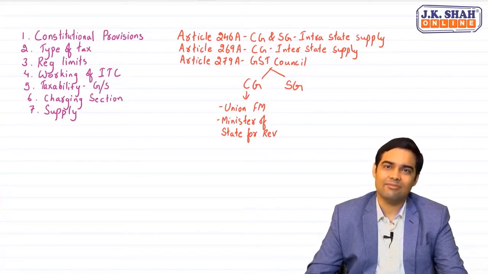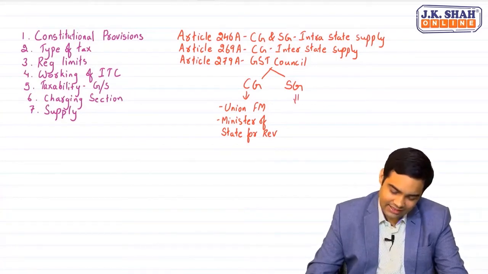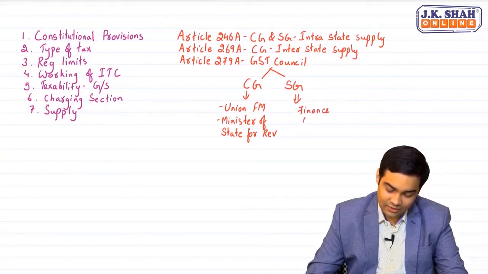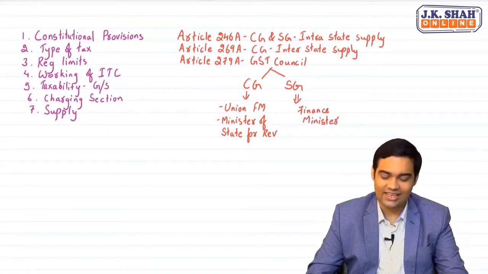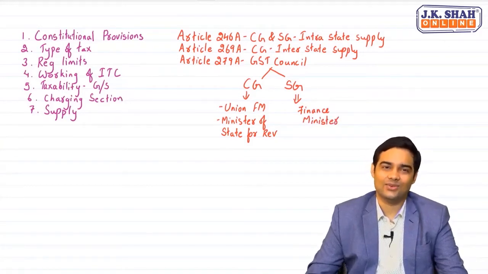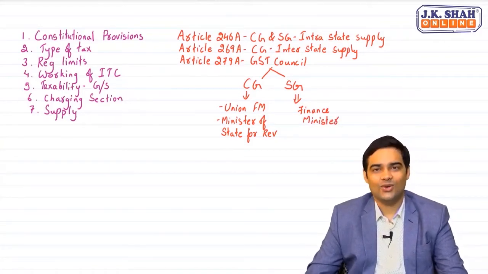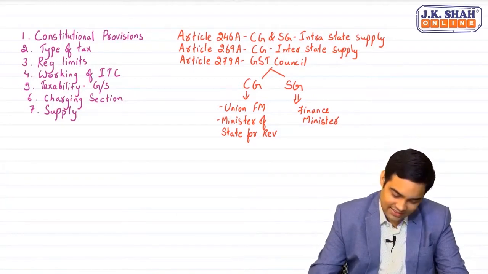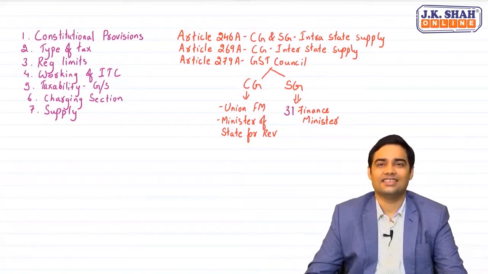while state government are represented by their finance ministers. Now the question arises as to how many finance ministers of state are there in the GST Council. Let me tell you, there are totally 31 state finance ministers in GST Council.